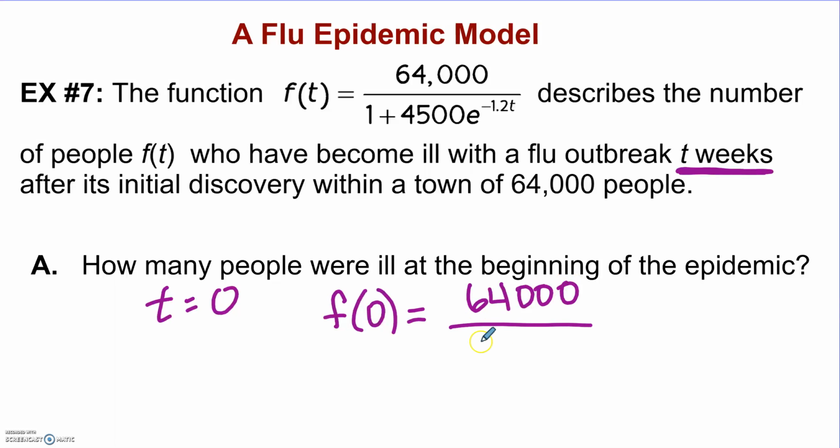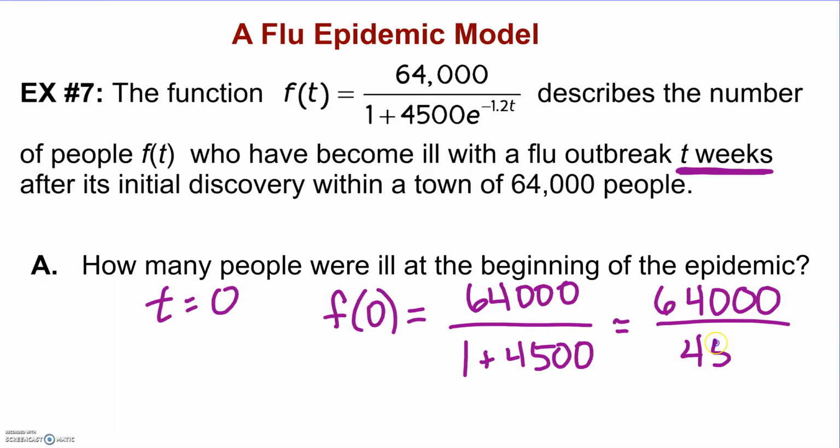64,000 divided by 1 plus 4,500. And of course, if you raise e to the 0, that's just going to be 1, because anything to the 0 power is 1. So this is 64,000 divided by 4,501.